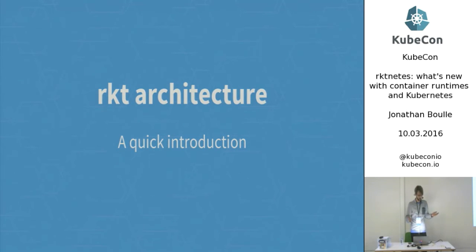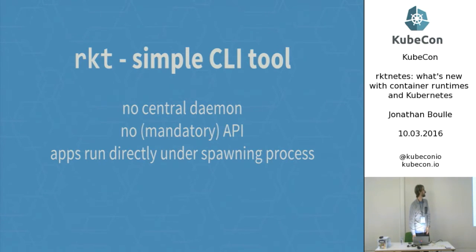Since I want to talk about Rocket, let's dive quickly through the Rocket architecture, and then we'll see how it integrates with Kubernetes. As I said, Rocket is fundamentally a simple CLI tool that you can just run on the command line. There's no central daemon with any key responsibilities. There's no API that's necessary, but we do provide an optional API.